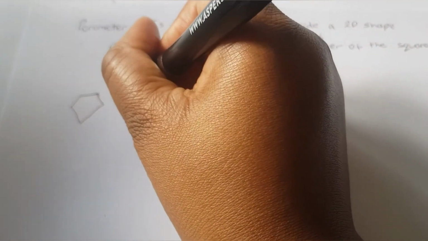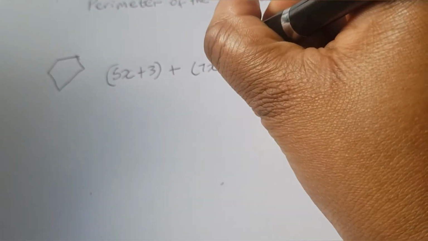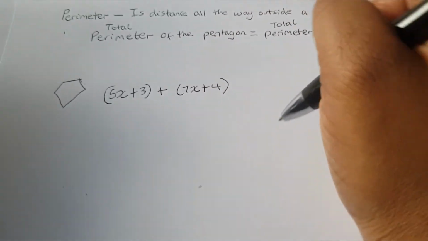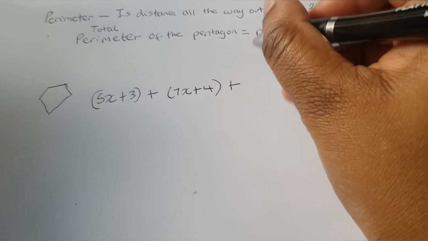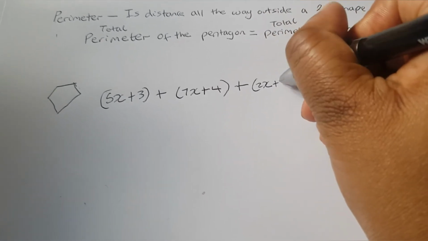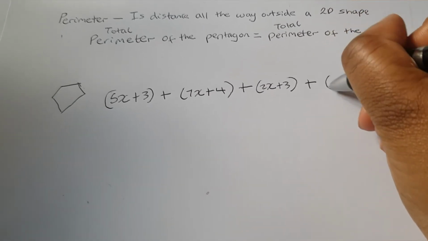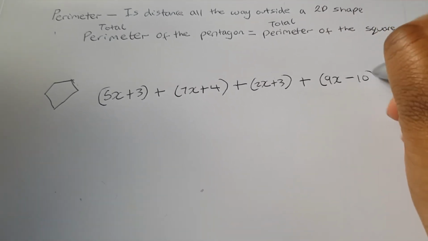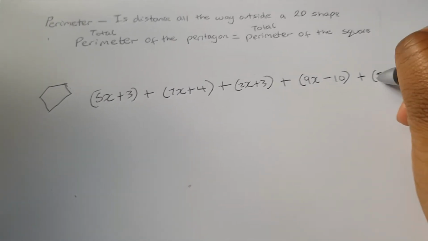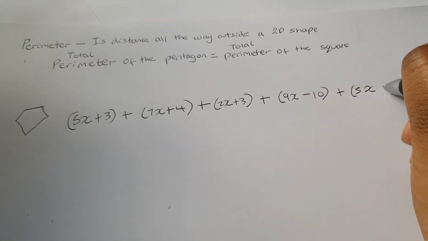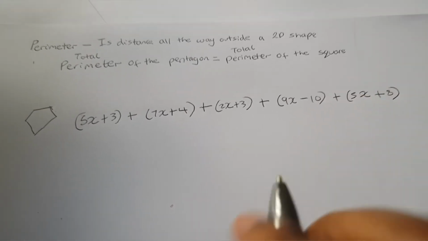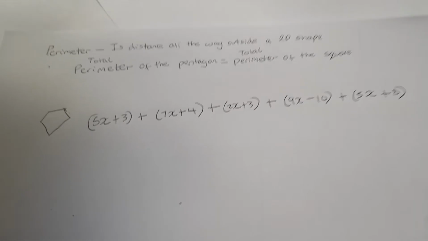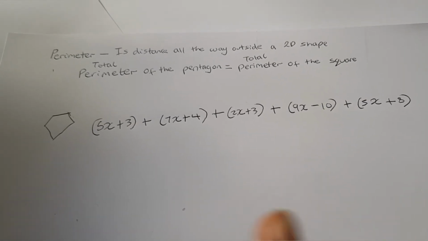So I'm going to add 5x plus 3, plus 7x plus 4, plus 2x plus 3, plus 9x minus 10, plus 5x plus 8. This is known as an algebraic expression, or adding algebraic terms.